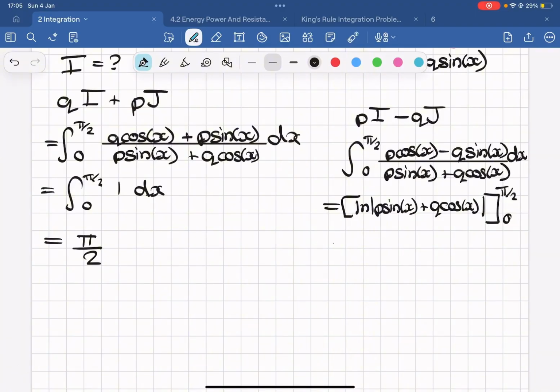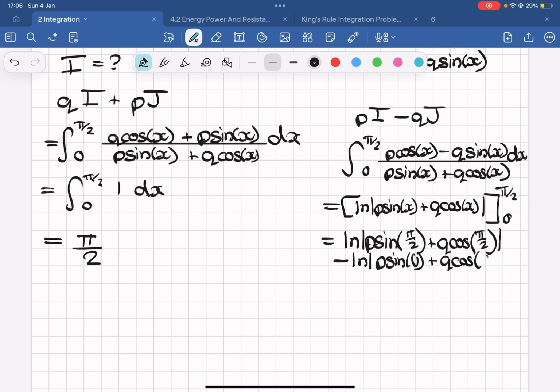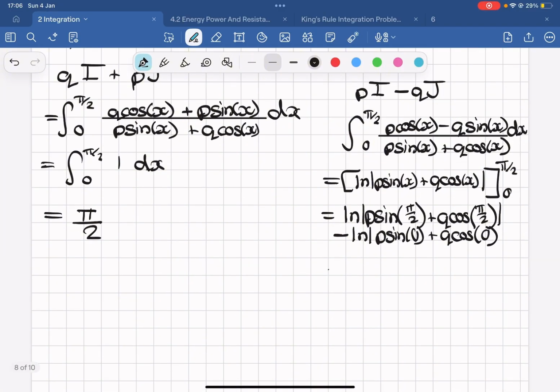So now if we evaluate this, we have ln p sin pi over 2 plus q cos pi over 2, and we're subtracting ln with x as 0. Now let's quickly evaluate this.